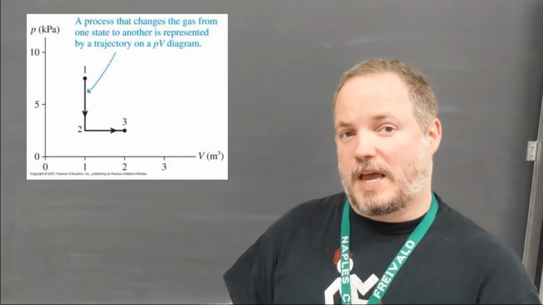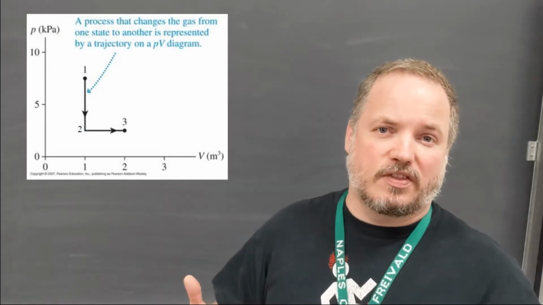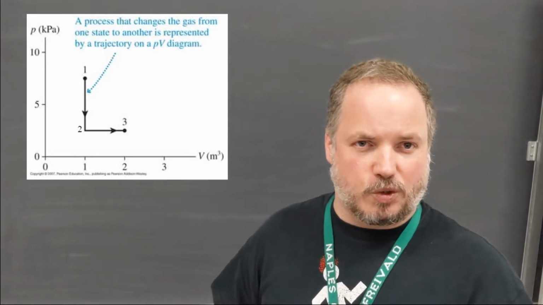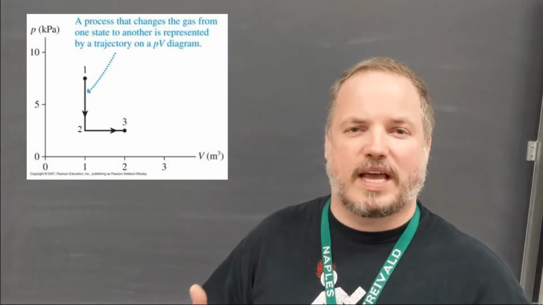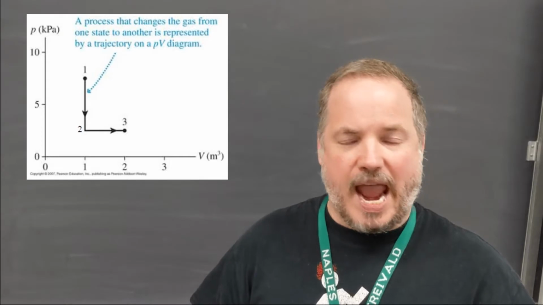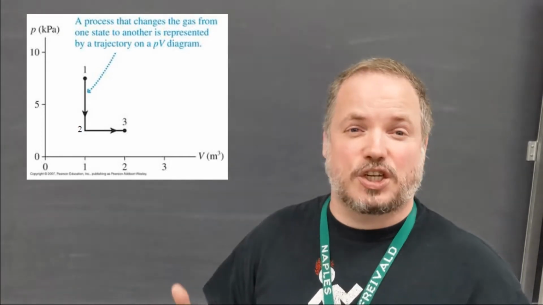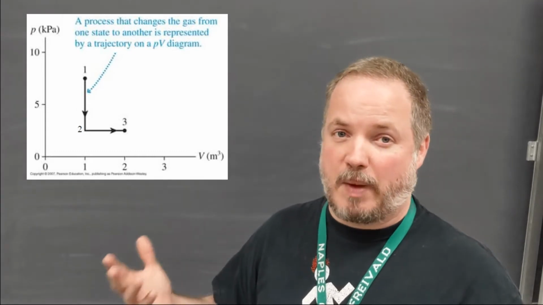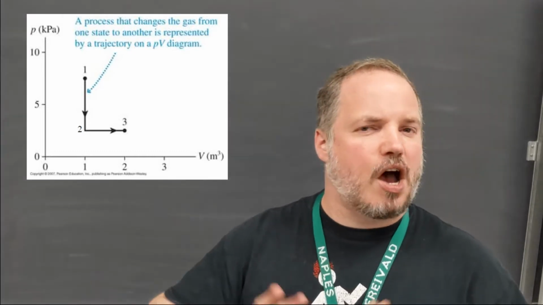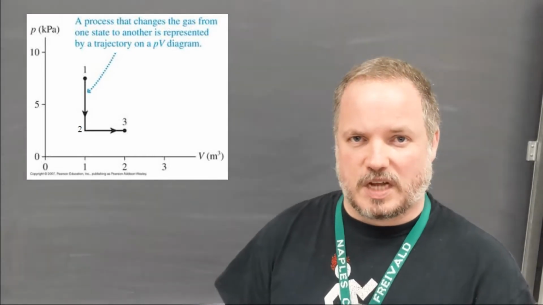So this one, for example, shows a gas in state 1 that then transitions to state 2. It lowers pressure without changing volume. And then it transitions from state 2 to state 3 by not changing pressure while expanding.